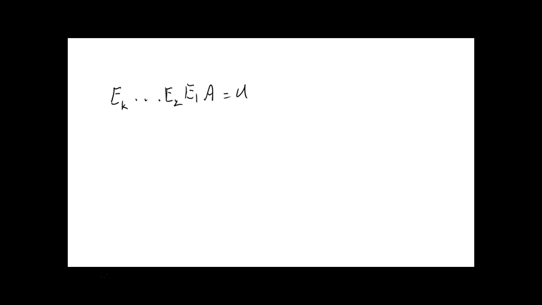Now, A is then, if you take this form and multiply this by E_k inverse, then of course you'd have to do this E_k inverse, okay? And that goes to the identity matrix.